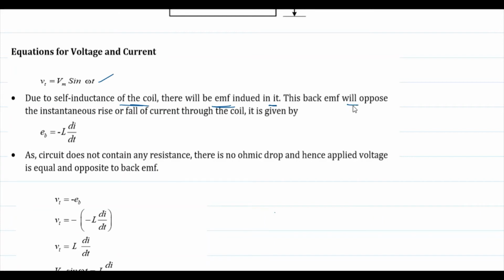This back EMF will oppose the instantaneous rise or fall of the current through the coil. It is given by EB equal to minus L di by dt. So this is due to the self-inductance of that particular coil.